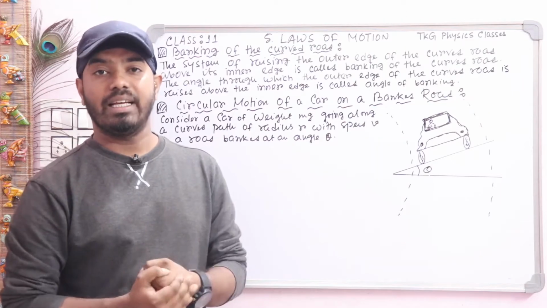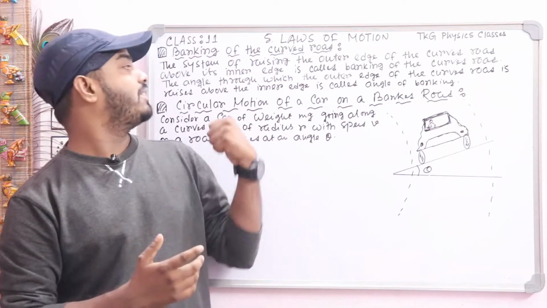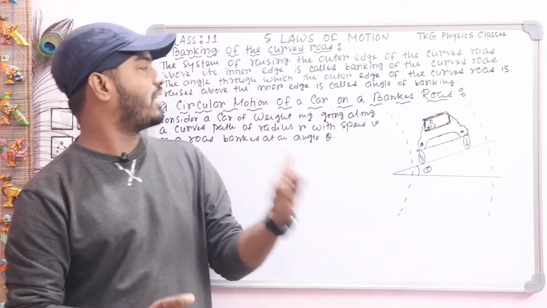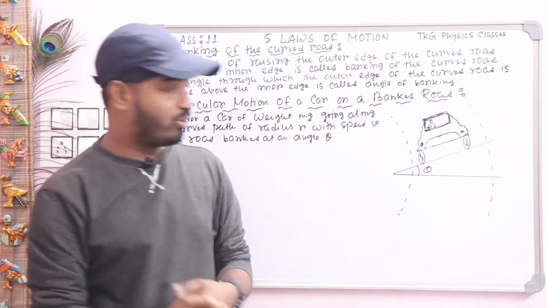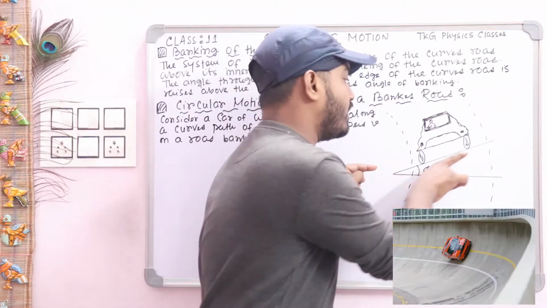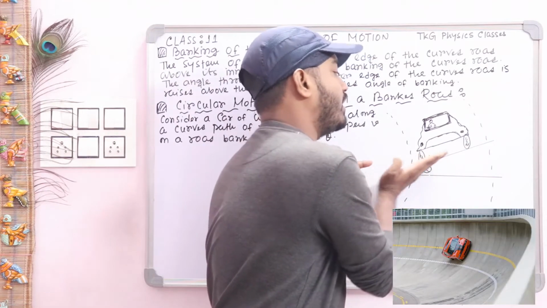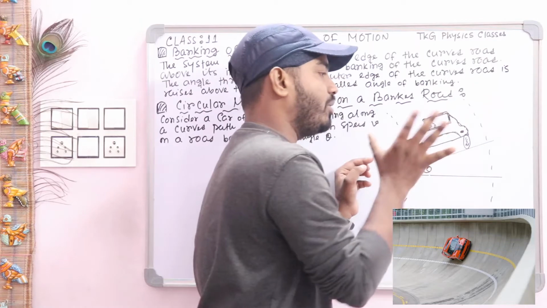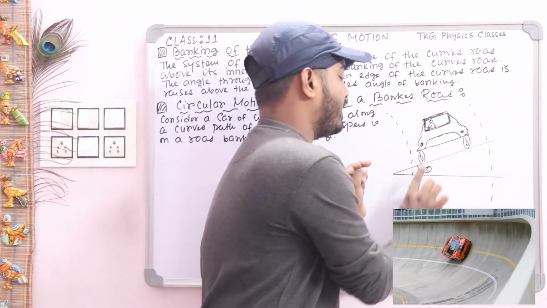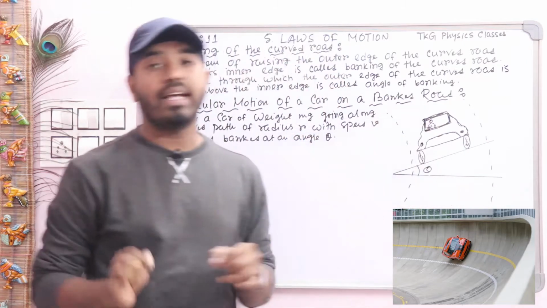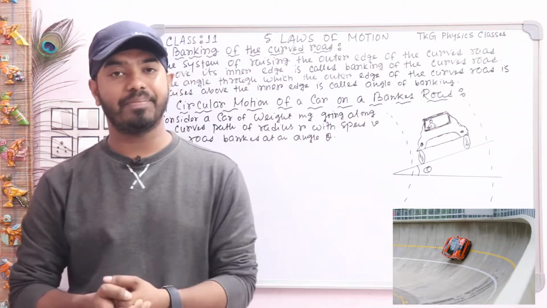The angle through which the outer edge of the curved road is raised from the inner edge is the angle of banking. The road becomes inclined like this way. You can imagine, no? This is a 3D figure. This is the inclination, and this angle theta is known as the angle of banking.